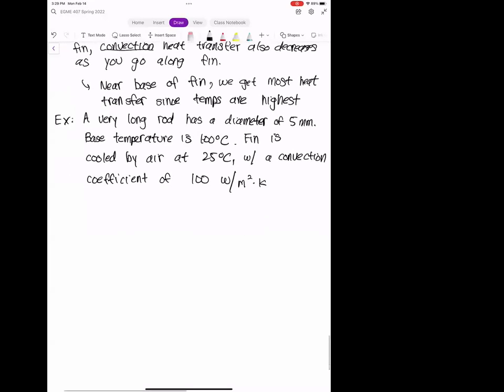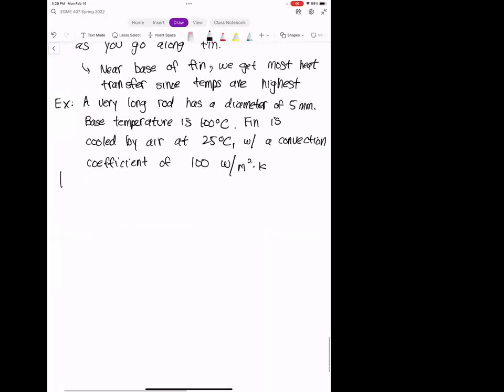All right, so visually it looks something like this. We have a cylindrical rod, so it's very, very long.